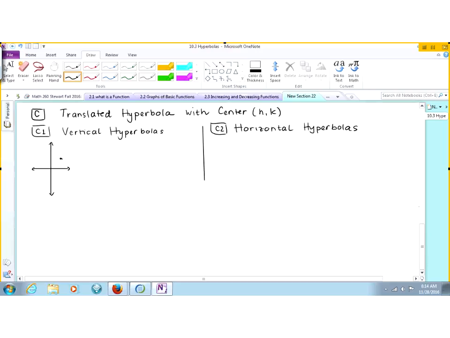So the center is just not 0, 0. So, for example, this is the center, H comma K. And then your hyperbola looks like this. Maybe I should use a different color. So, like this.